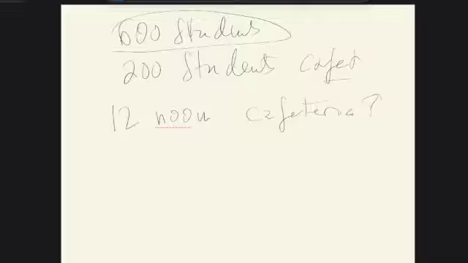So schools solve this using mathematics. Just to make it easy, 600 is easily divided by 200. So that's 3, right?